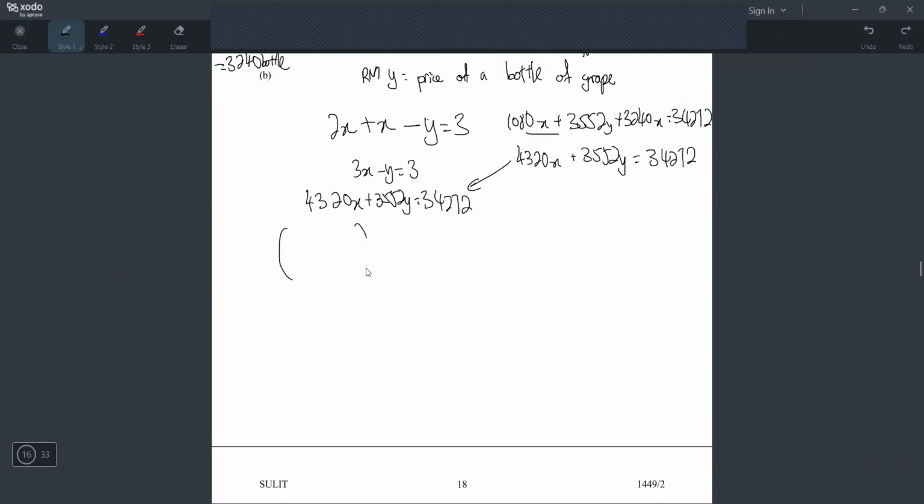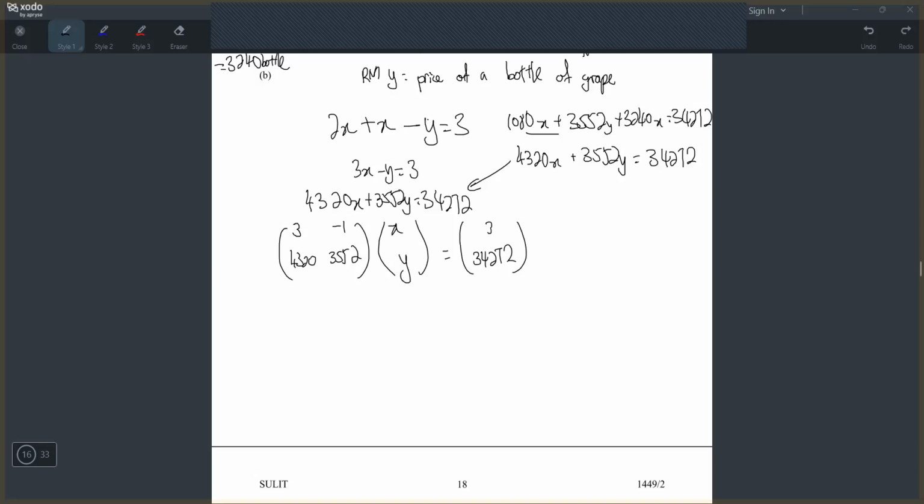So matrix method is like that, bracket equals to bracket. In the first bracket, you write the coefficients: 3, -1, 4320, 3552. And then here you write x and y. The one in front goes on top, the one in the middle goes here. And then here you write 3 and then 34272. So this is how it's done.